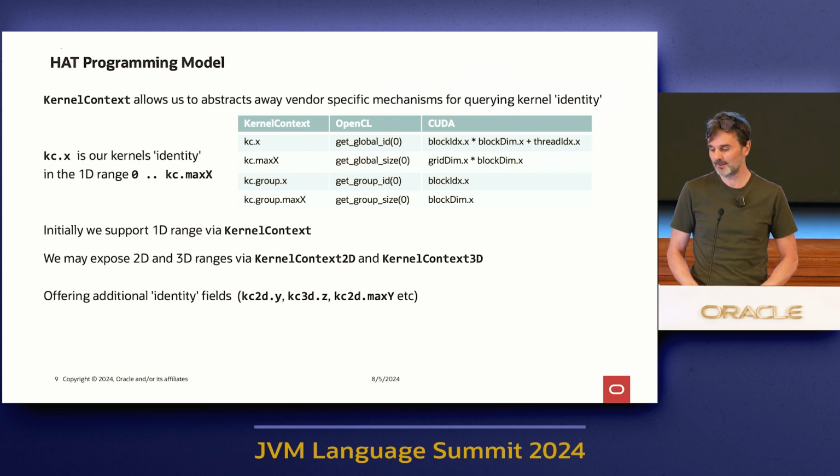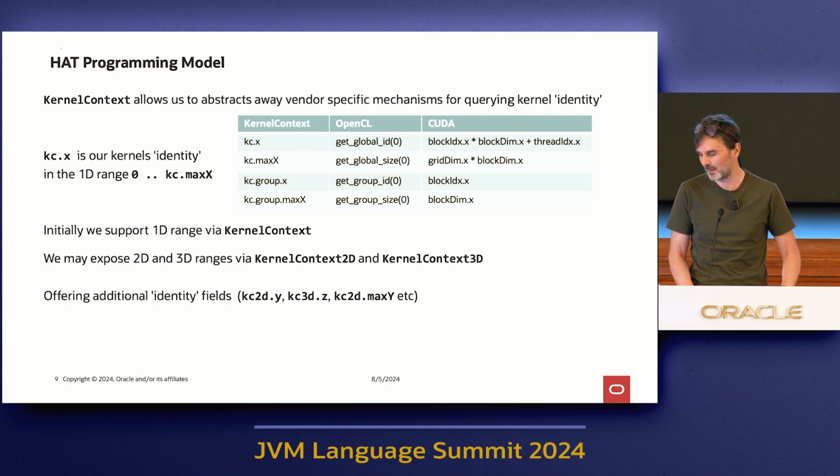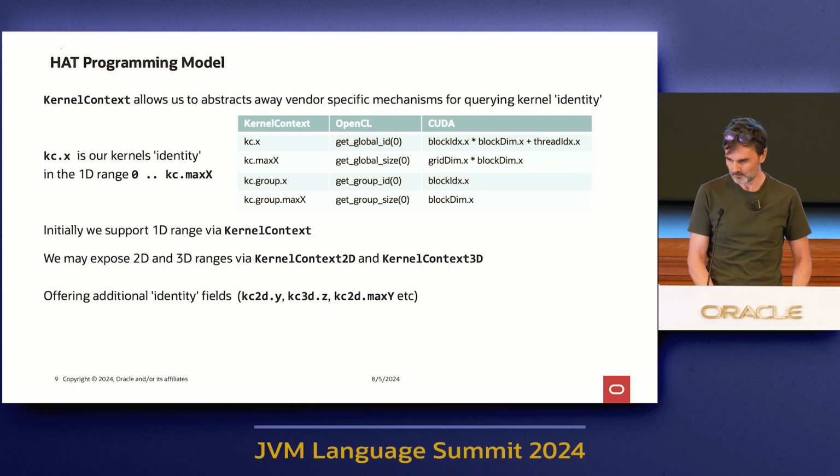It's not clear we need to support 2D or 3D. Feedback would be useful, because you can implement 2D and 3D in 1D, but I think most GPGPU problems don't need the other cases as much, though we can support them if we want to.